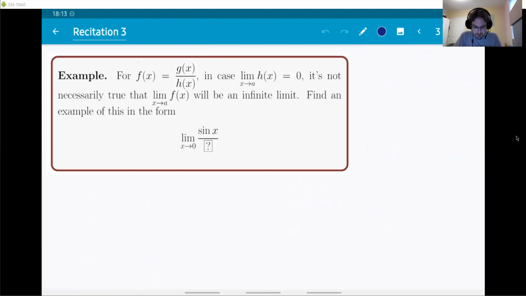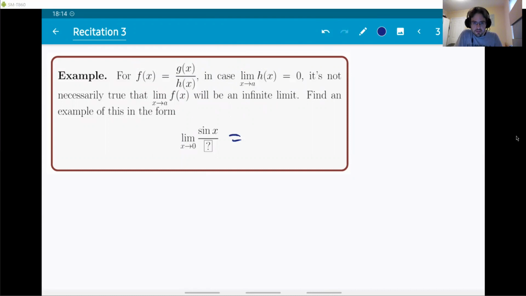If you have an f of x of the form g over h, in case the limit of h is 0, it's not always necessarily true that the limit of f will be infinite. This question is now telling us, find an example of this in this particular form. So in other words, find a possible function that you can put downstairs here that will be your h that goes to 0, but such that this limit is not an infinite limit.